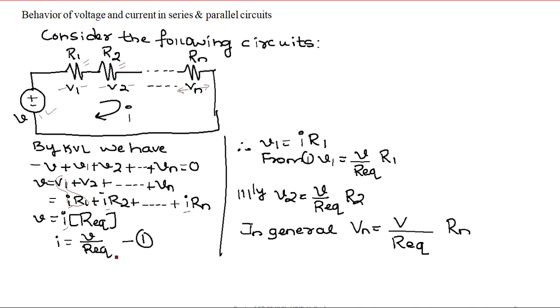So what is the equivalent resistance here? It is nothing but the total equivalent resistance of R1 plus R2 plus R3 and so on up to Rn.